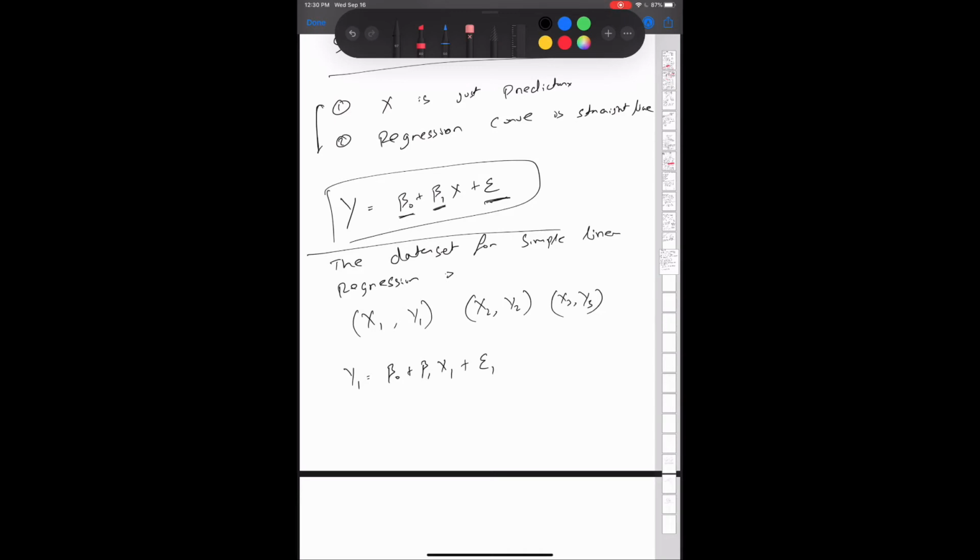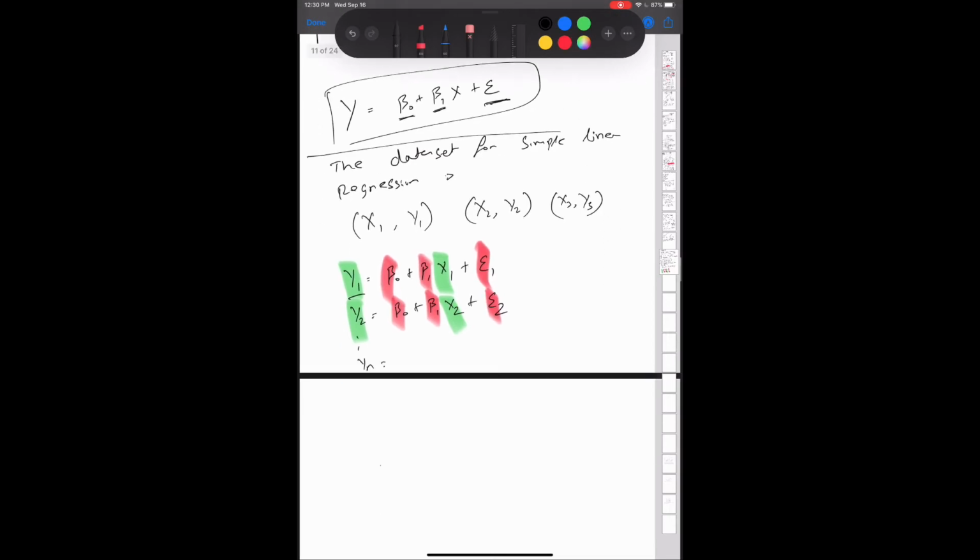Likewise, y2 is beta 0 plus beta 1 x2 if there was no randomness, and I have randomness in my model. What I observe is these guys here. What I don't know are these guys here. And I observe this for all the data points up to yn.